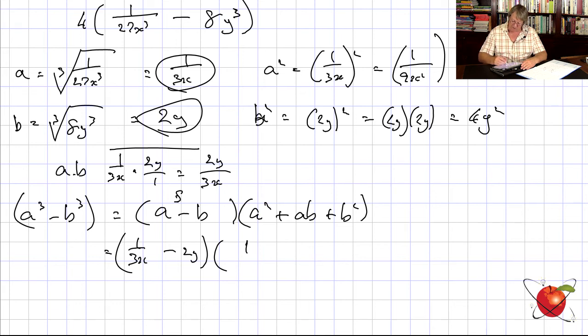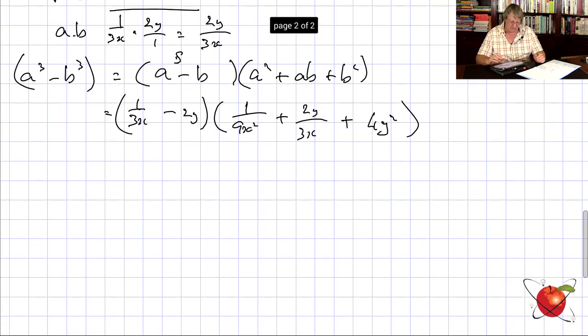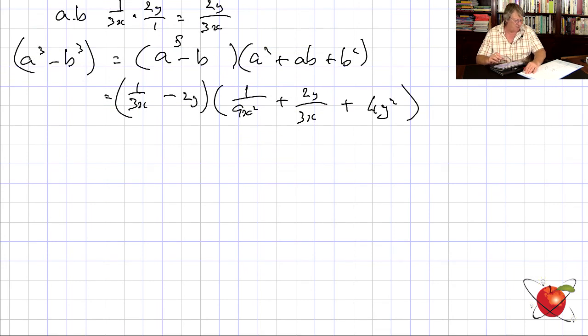There it is. 1 over 9x squared, right? Plus ab, which is 2y over 3x. And lastly, plus b squared, which is 4y squared. Okay? That's basically the difference of two cubes, right? What we do is we put them all in.